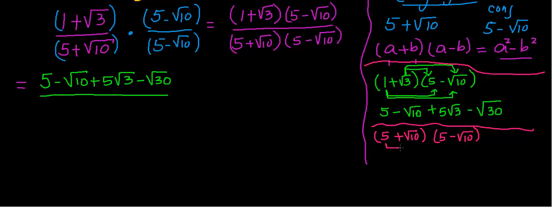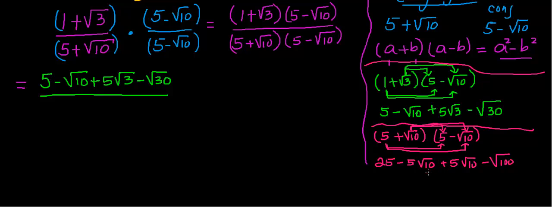I take the first term times the first term, that's 25. I take the first one times the second term, that's negative 5 square roots of 10. I take this one times the first one here, and that gives you plus 5 square roots of 10. And then this one times the second term, which is minus square root of 100.